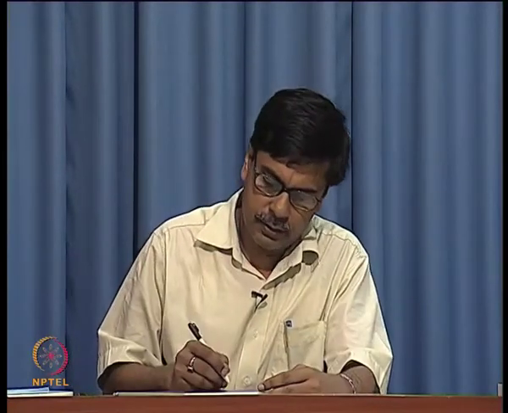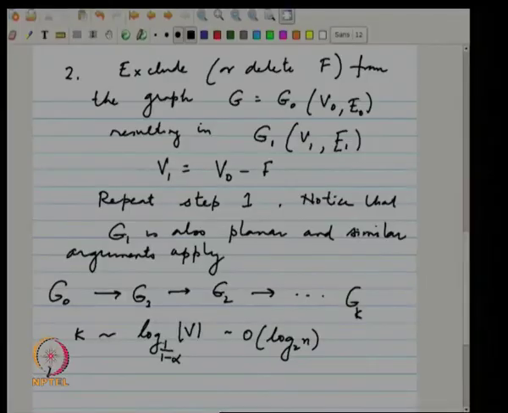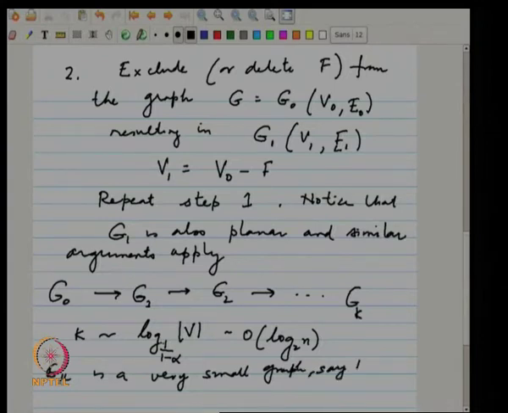Eventually, the graph becomes small enough. Let us say G k is a very small size graph. We can stop, let us say, when there are 10 vertices or some such thing. We can stop at that point, because once your problem size becomes constant, you can apply any kind of brute force method to solve the problem.